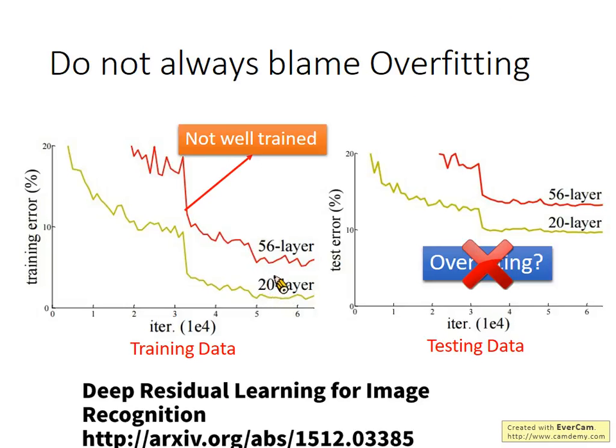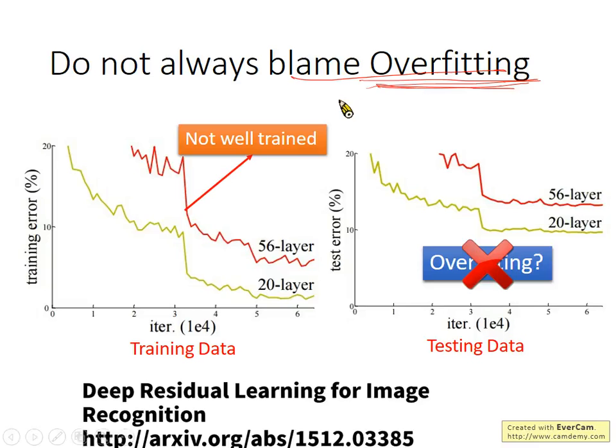And this is the reason why we don't always blame overfitting. In conventional machine learning technology like SVM, when we achieve bad testing accuracy, we may blame that this model is overfitting. However, in neural networks, the problem is not always due to overfitting. That may be only because you haven't trained your model very well.